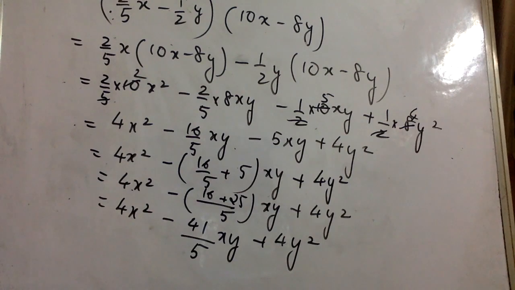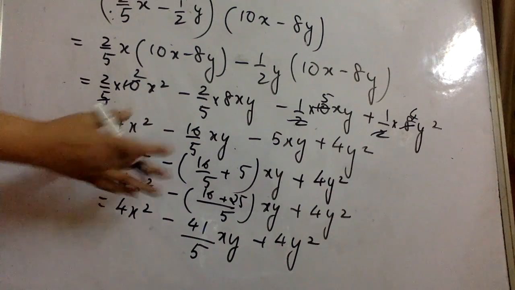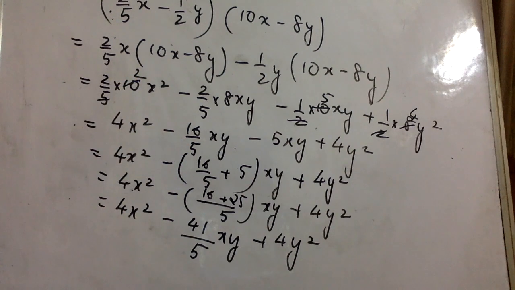So this is how we can work on one fractional and one whole number question, binomial with a binomial. This is my final answer. As you can see, they are all unlike terms here. Then one sum I want to take up where I have both fractions. Let's see.